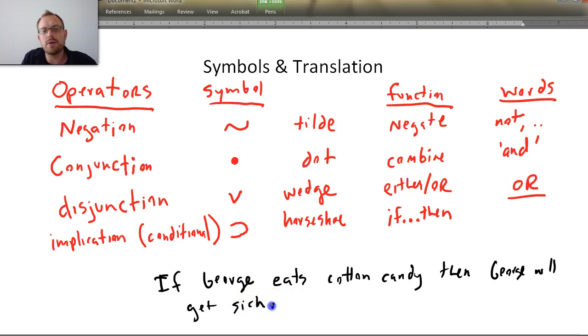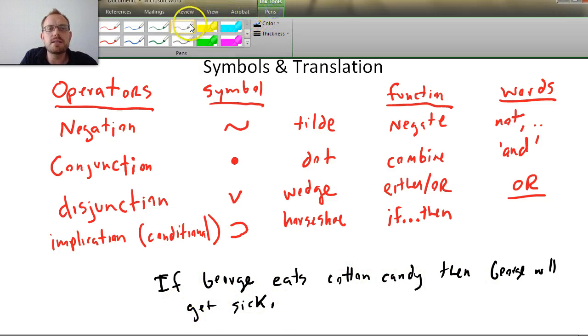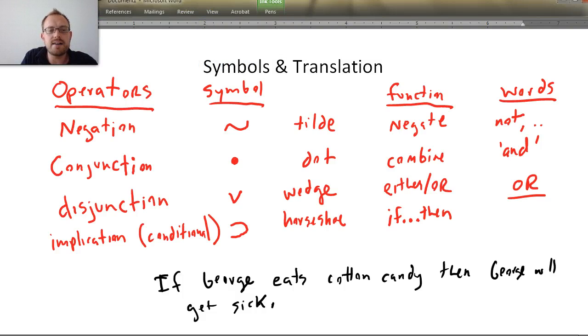Right? So how would I symbolize this statement? If George eats cotton candy, then George will get sick, right? And you'll see immediately, since I have any statement that has an if-then in it, basically that tells me that I need to be using this conditional right here, right?